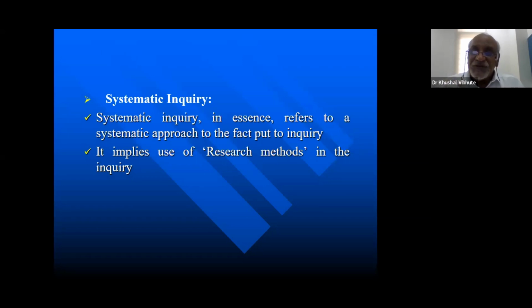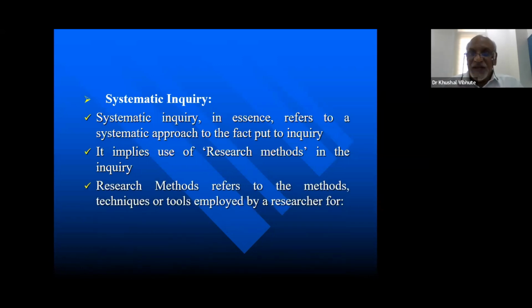Now, what do you mean by research method? Research method obviously refers to techniques and tools which a researcher employs for three things. First, collection of information. Now, as I said in the beginning, research is evidence-based.